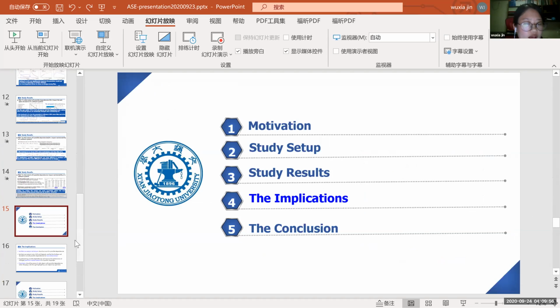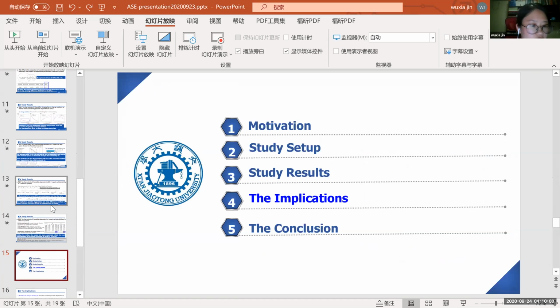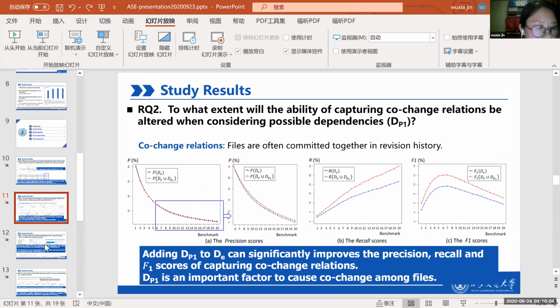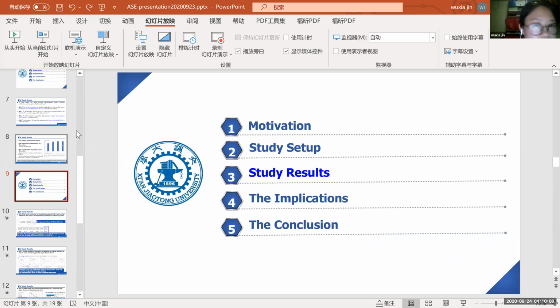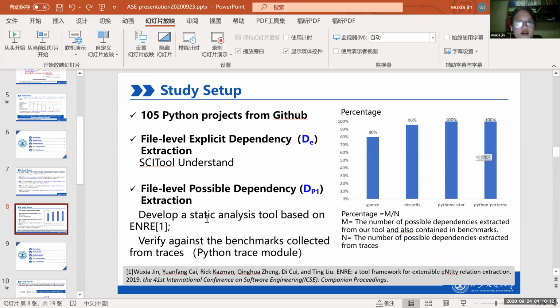Yes, we are now doing two things. First, for the benchmark, let me switch the slide. One work we are doing is collecting more benchmarks to verify our possible dependency extraction.